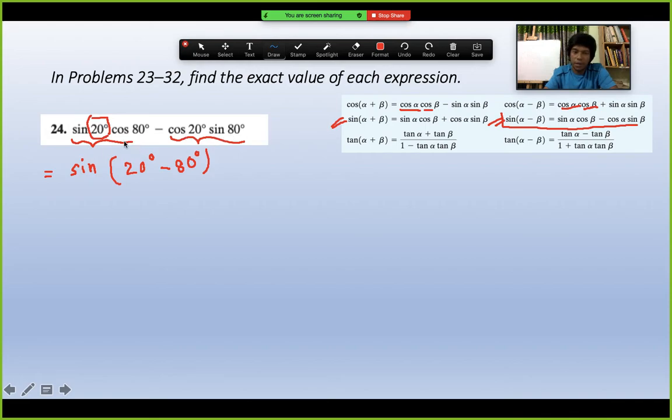But here it does not help. Suppose you write cos 80 sine 20, that is good, but the problem is that it's not matching with our formula. So that's not helpful. So we can write sine minus 60 degree.